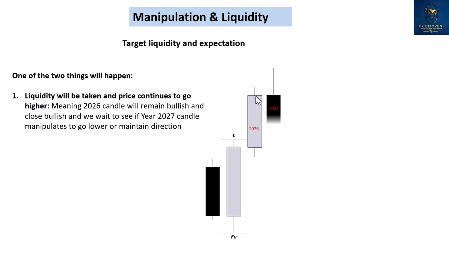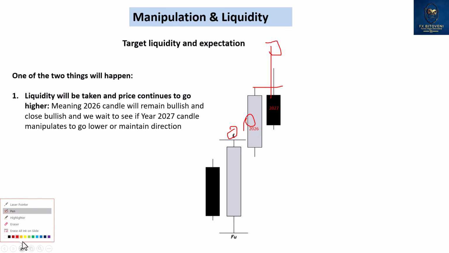Okay, it may go higher. 2027 may go higher, manipulate and go down, or it may continue bullish direction. So this time what we focus on is to take out this level, then price will show us what to do. Once we have taken liquidity, it will give us a signal. So this is option number one.